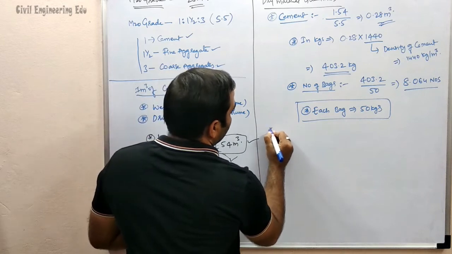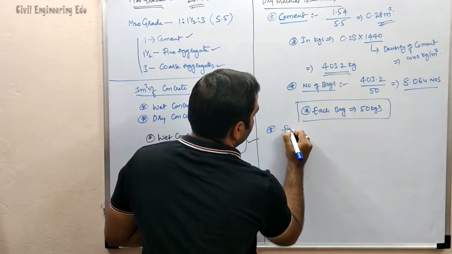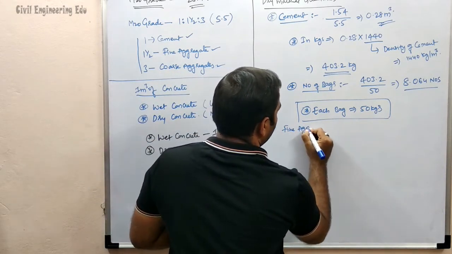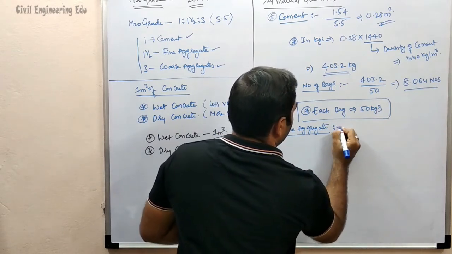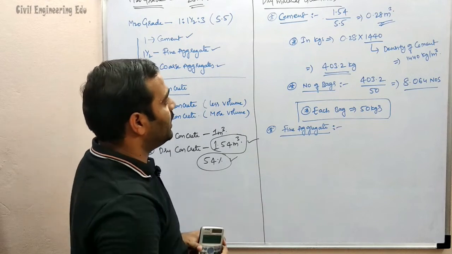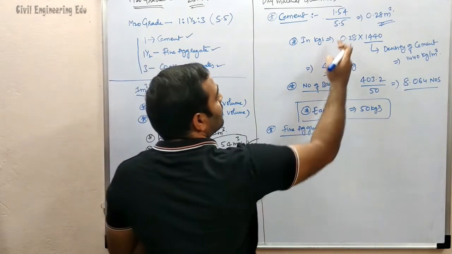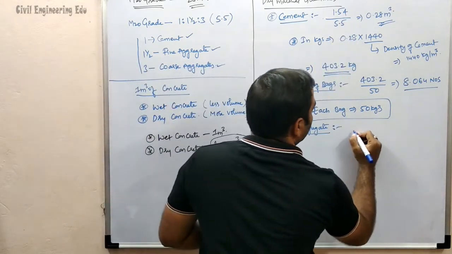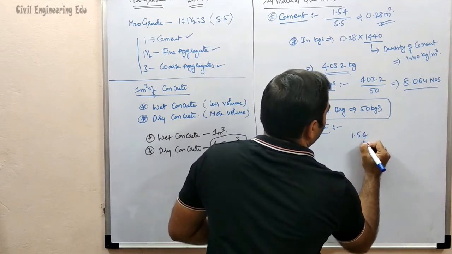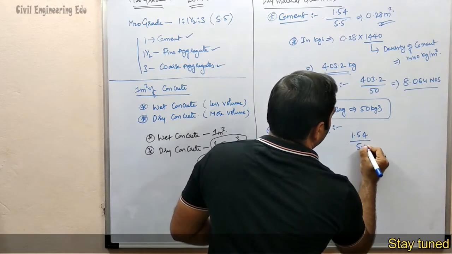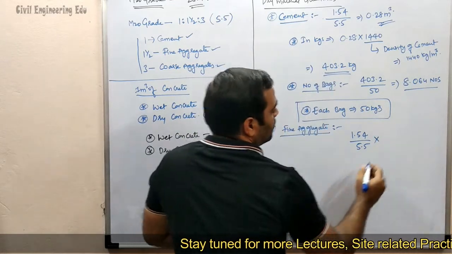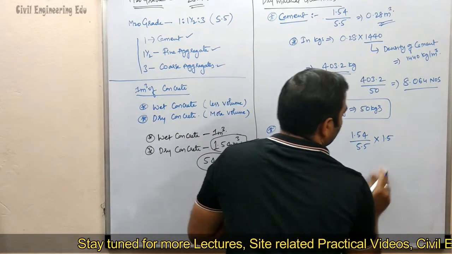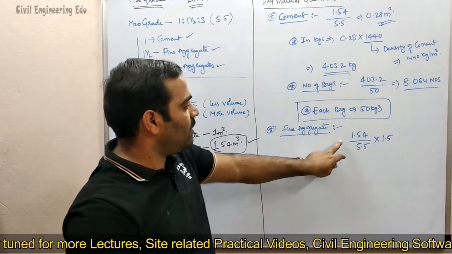Now let us see the calculation for fine aggregate. For calculation of fine aggregate, same procedure, we have to take this 1.54 divided by 5.5. We need to multiply with 1.5 here. Why we are multiplying with 1.5 here?